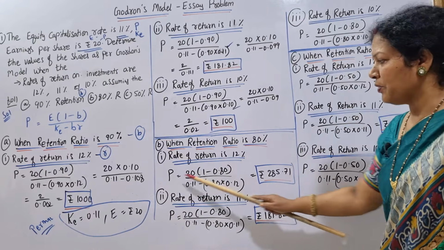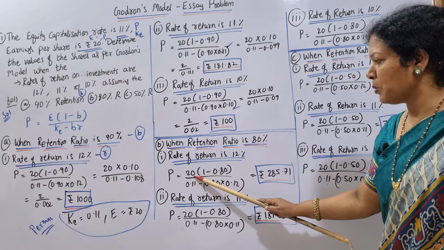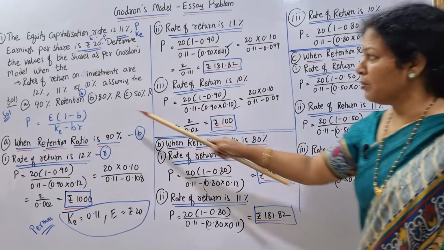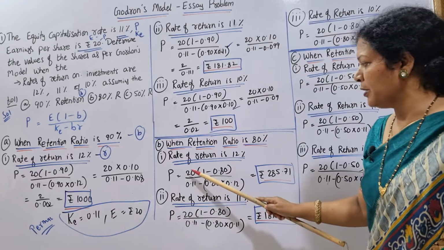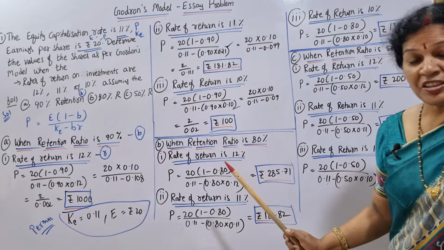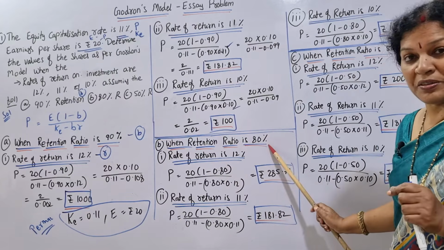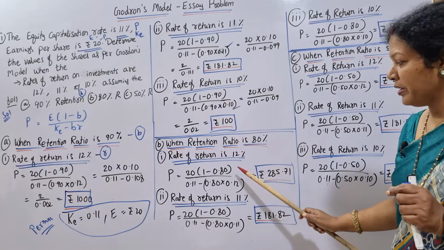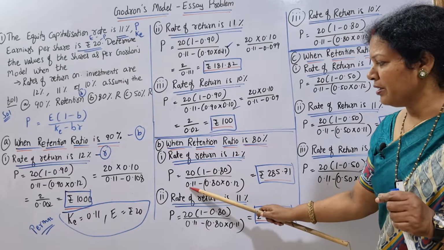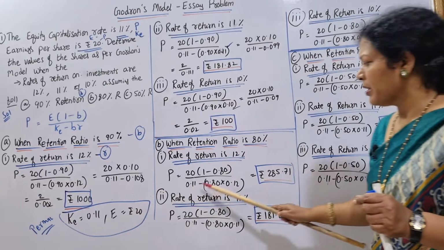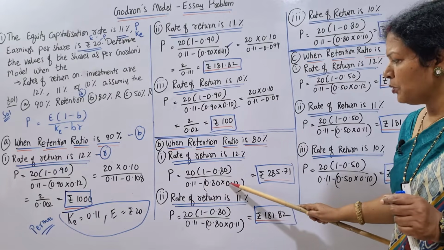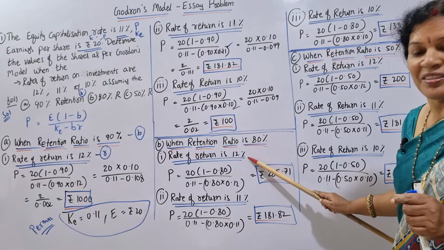Now if you see the formula, P is equal to 20. What is this 20? Earnings per share, permanent, this is E, 20, times 1 minus retention ratio. Retention ratio is 80%, 80 by 100 comes to 0.80, divided by KE, permanent as it is, 0.11, minus 0.80 into 12%.